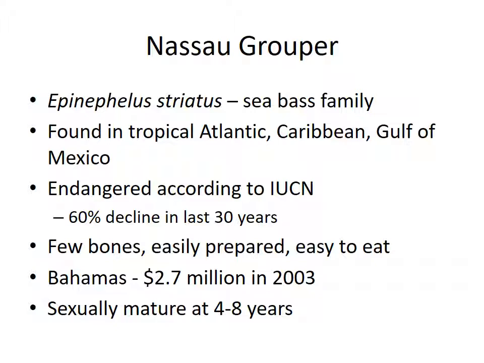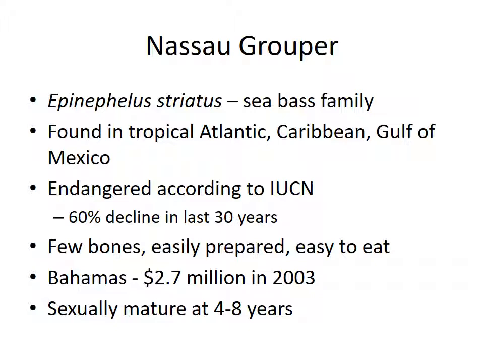The IUCN does list it as endangered because it's had a 60% decline in its population in the last 30 years. Now, it's not the prettiest of fish, but if you like to eat a lot of fish, it's really easy to prepare, it's easy to eat, it has very few bones, so it's kind of ideal fish for consumption.